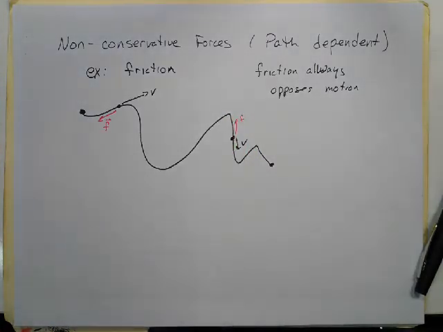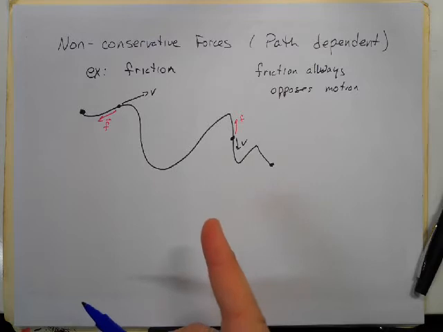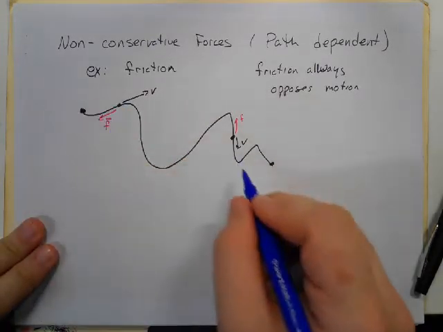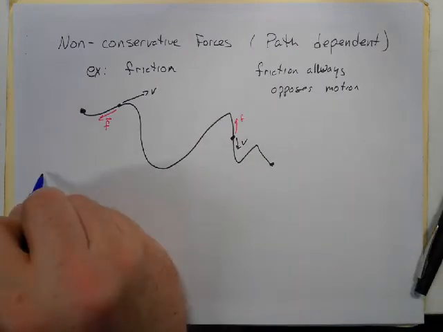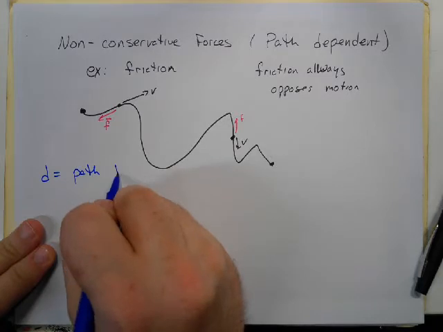So the point of this is we couldn't normally figure out how to deal with this, but what we can do is say the length of this thing, the actual distance, we'll call d, is the path distance.